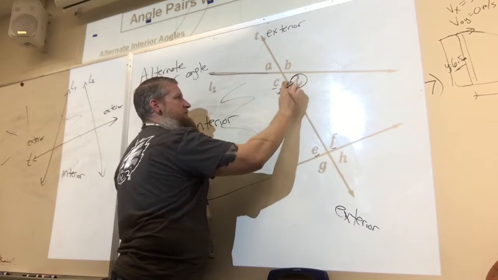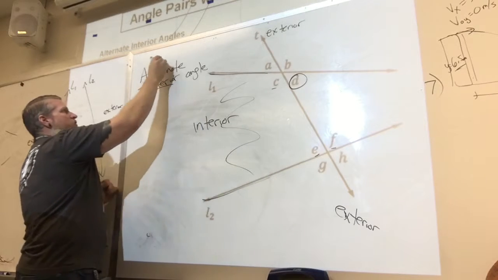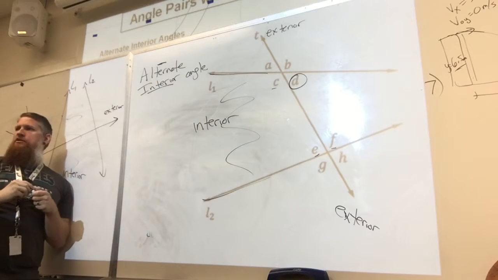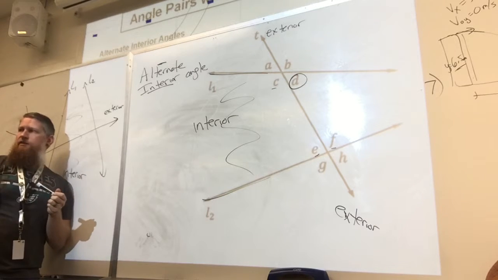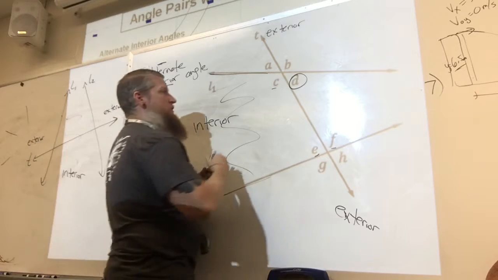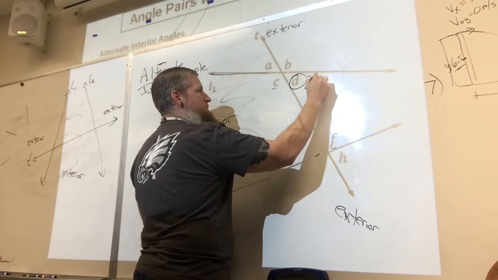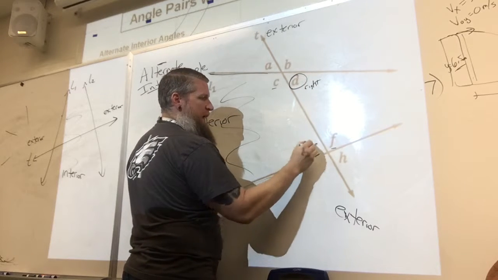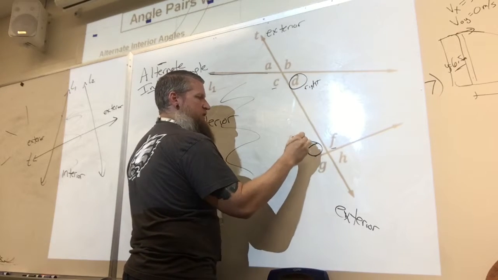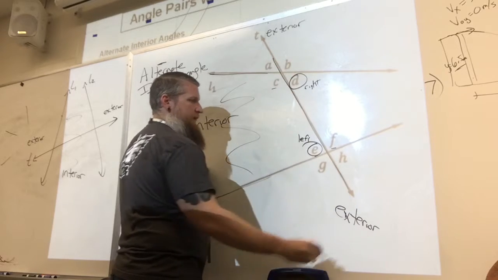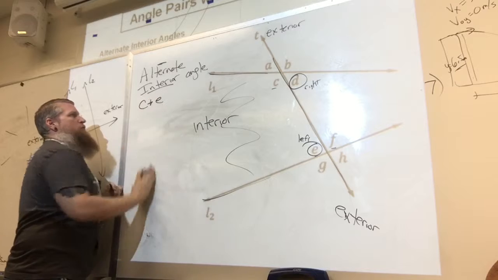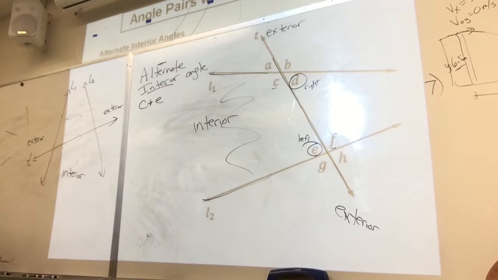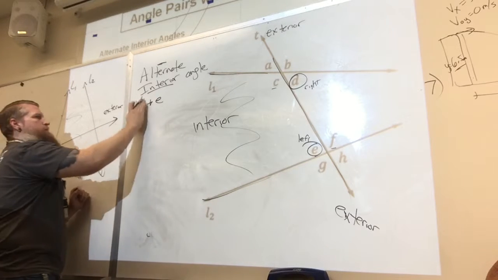If I'm looking at D, the alternate thing is just saying match it up with the one that's on the opposite side of the transversal. D is on the right of it here, so I'm matching it up with E, because that's on the left of that line. So D and E would be your alternate interior angles.